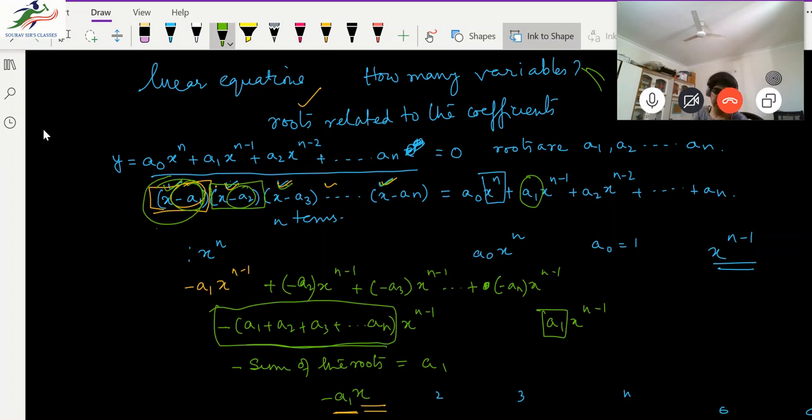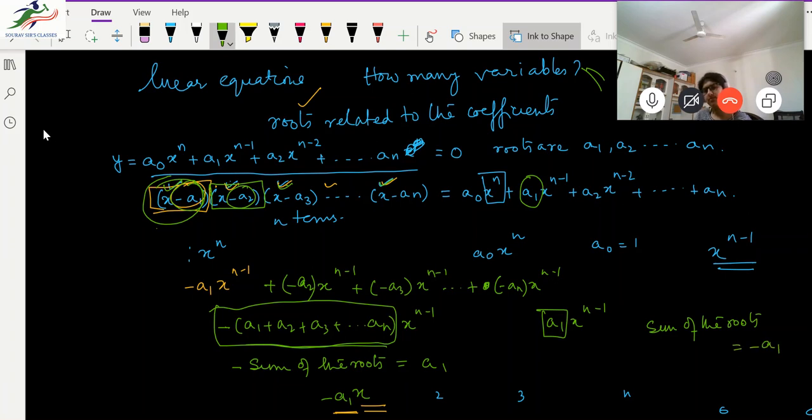The coefficient of x to the power n minus 1 on both sides has to be the same, right? So the sum of the roots, with the sign, is equal to a1. So the sum of the roots will be equal to minus a1.